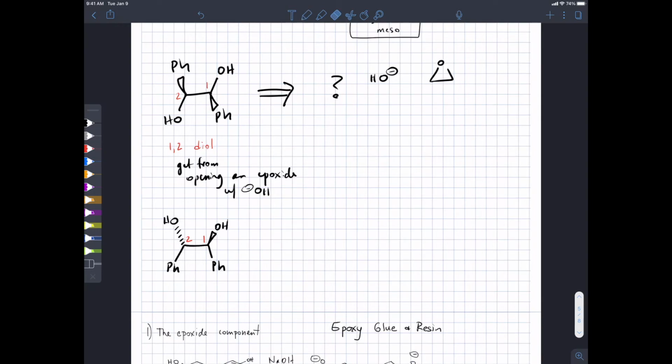What then should be the stereochemistry of my epoxide? Go ahead. You want the meso epoxide? Let's test it.